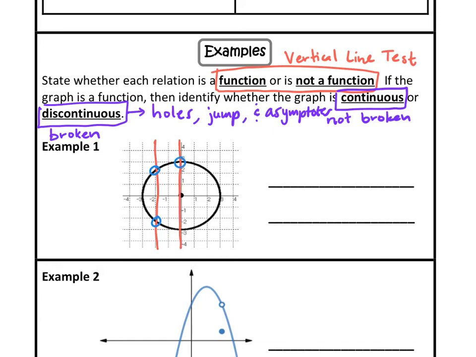Let's see, 1, 2 times. Let me draw here. Yeah, it seems that every time I draw a vertical line, it's going to hit the graph 2 times. So we're going to say that this graph is, is it a function or not a function? It's not a function.